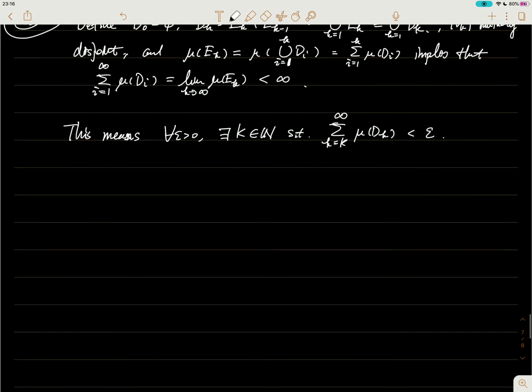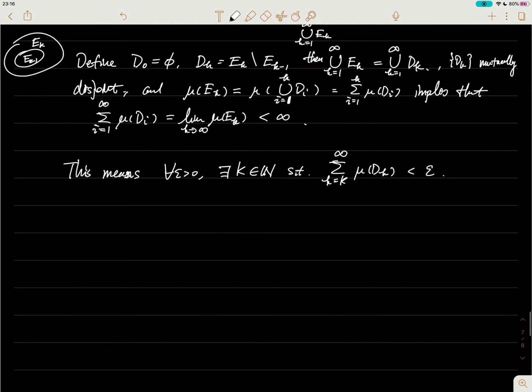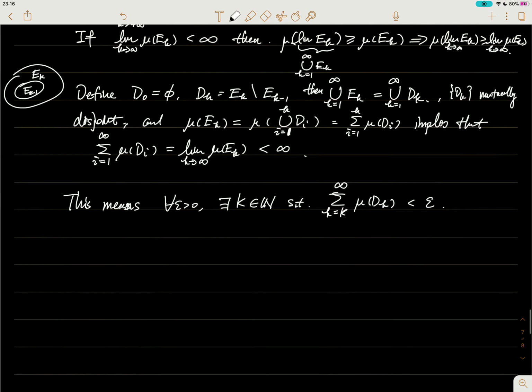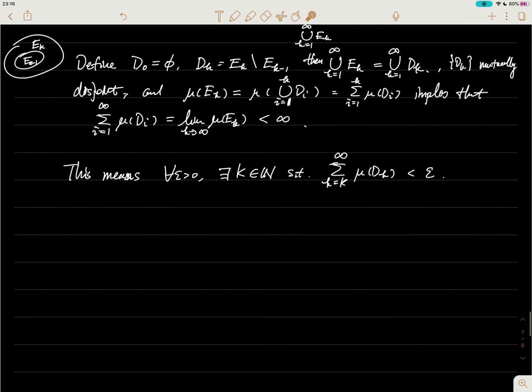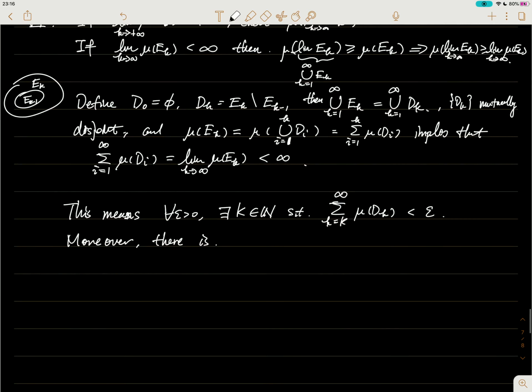Okay, now we are ready to prove the main inequality. We have shown that this is greater than that, and to show these two are equal, we just need to show this is also less than that. Okay, so let's see why that's true. What we want to show is the left-hand side is also smaller than or equal to the right-hand side.